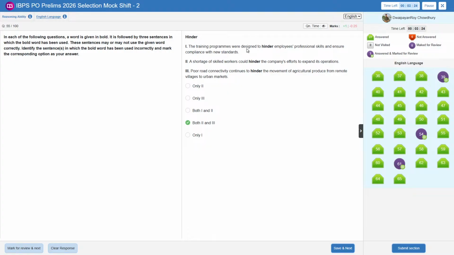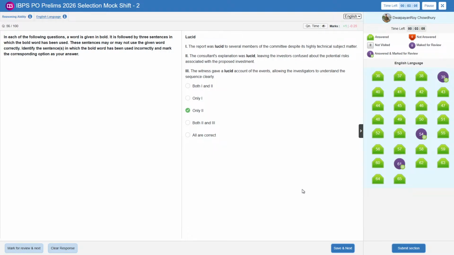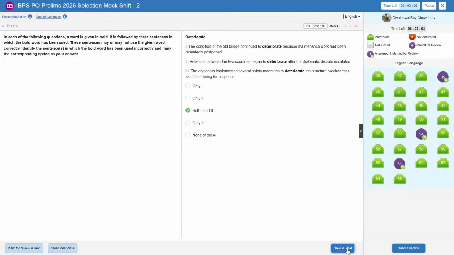Hinder, the training program was designed to hinder. So one is definitely there. Could hinder for poor. So incorrectly used, right? Lucid, again incorrectly used. So 2 and 3. Lucid. So only 2 then. Deteriorate, 1 and 2, then 3. Incorrectly used.